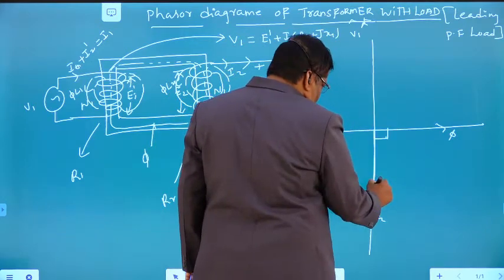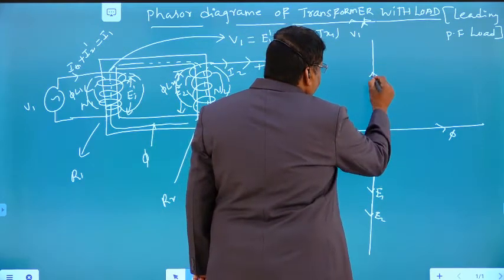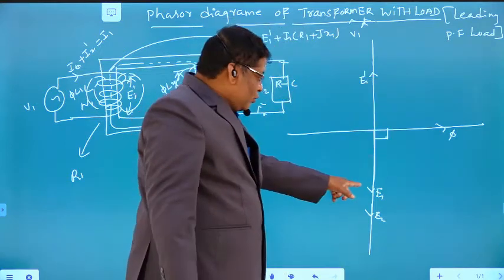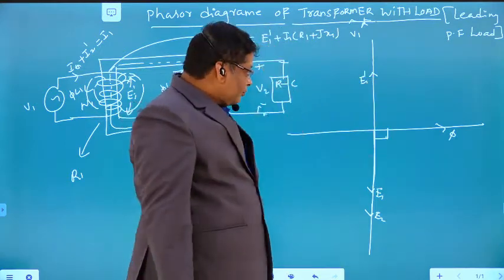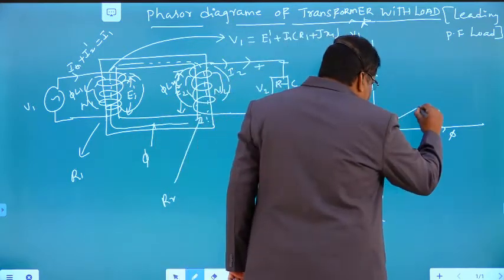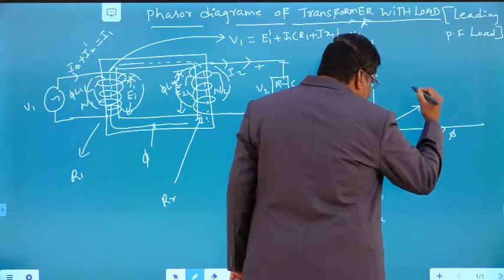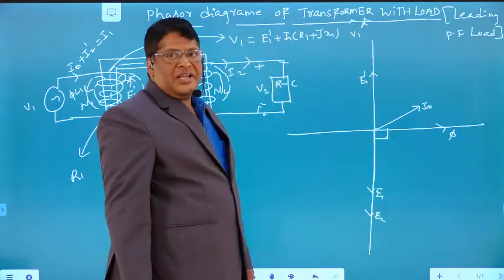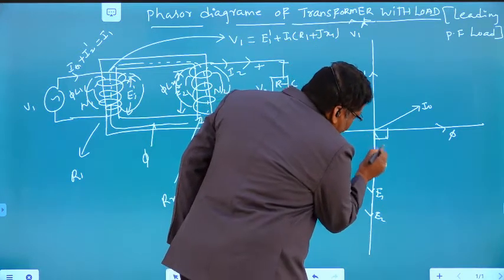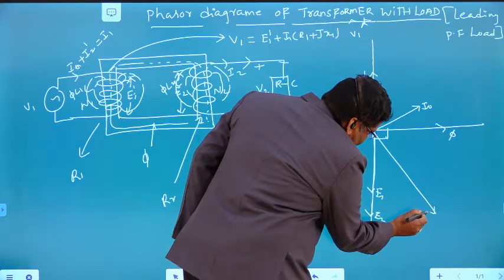See here, the same length you take here, that is E1 dash, the voltage drop in the primary winding due to E1. Now represent the no load current. This is the no load current I0. See here, you take this as V2.